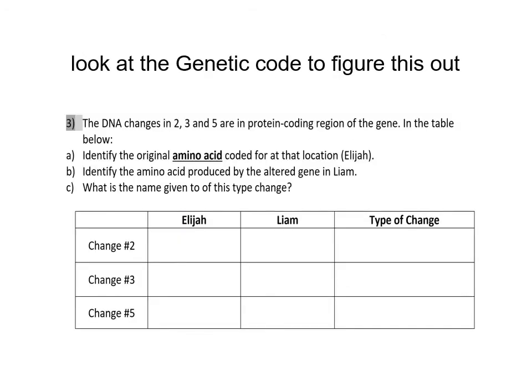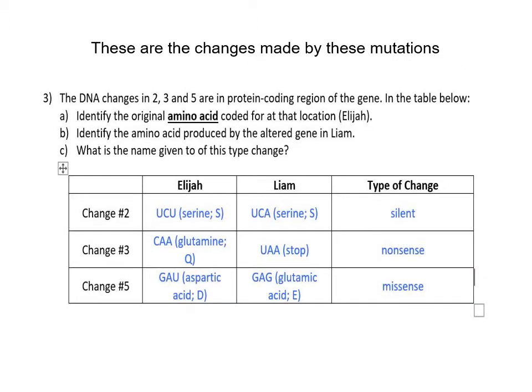Okay, so what we do, we look at the genetic code for the codon mutations and try to decide what the changes will be in those particular amino acids. So changes number 2, 3, and 5 are all within the open reading frame, and they change codons. So we look at our genetic code and find out what those are. Okay. So we can see that Elijah has a UCU and Liam has a UCA.